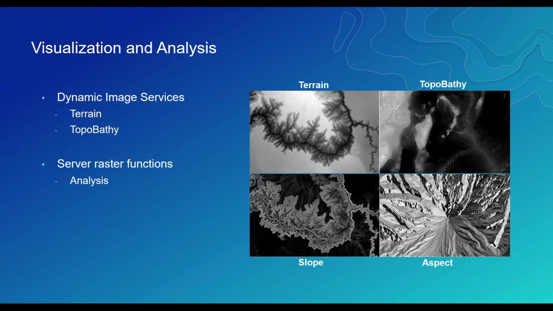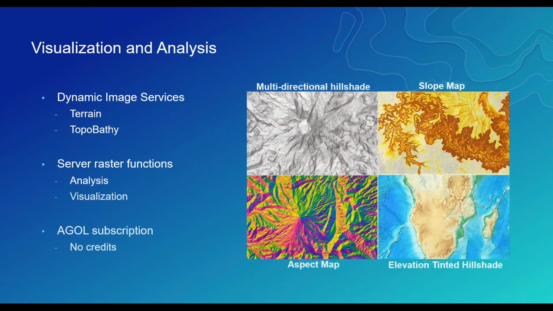Since these services and derivatives provide access to actual data values, they are suitable to use as input to analysis in desktop applications. These services also have raster functions specifically to generate visualizations such as multi-direction hillshade, slope map, aspect map, and tinted hillshade. All these derivatives are processed on the fly during access. These services provide a single endpoint for desktop and web applications to access elevation values and derived products. Access to these global elevation layers is free with an ArcGIS Online subscription.